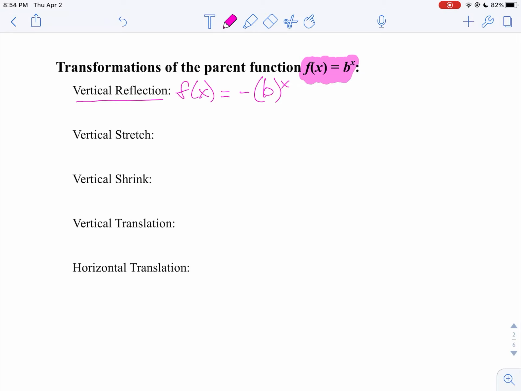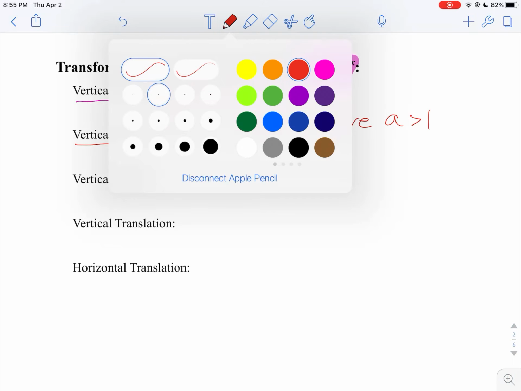Do you remember how to make a vertical stretch or a vertical shrink? If we are making a vertical stretch, then we're going to put a value a out in front of the function as long as a is greater than 1. If a is a value that is bigger than 1, then a times b to the x power would make a vertical stretch of that exponential function.